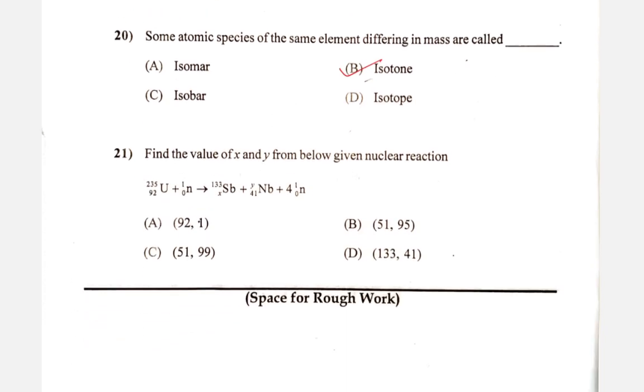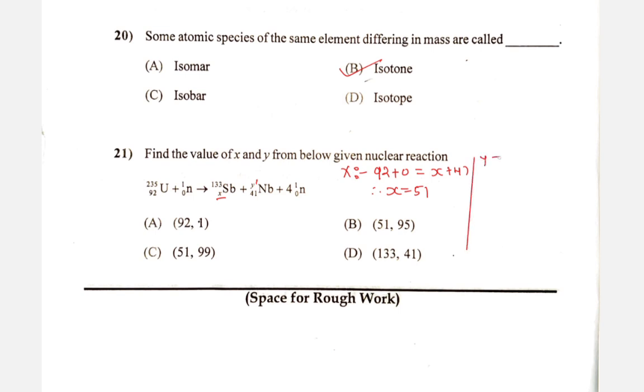Then in the next question, find the value of x and y from the given nuclear reaction. Comparing this equation, 92 plus 0 is equal to x plus 41. Therefore x is equal to 51.